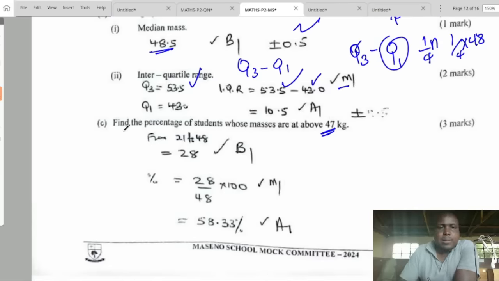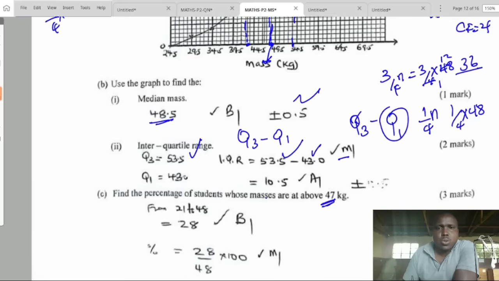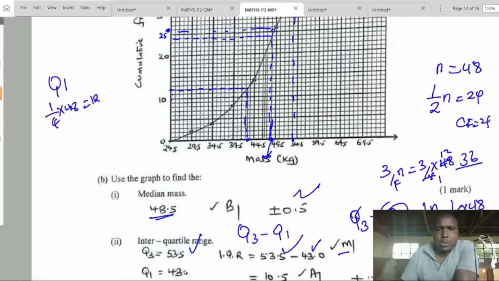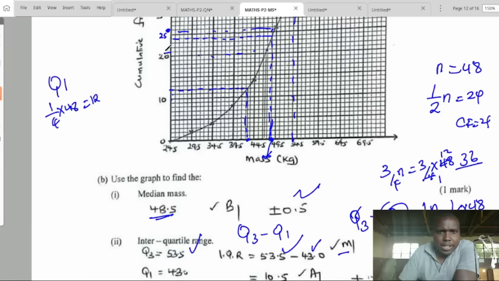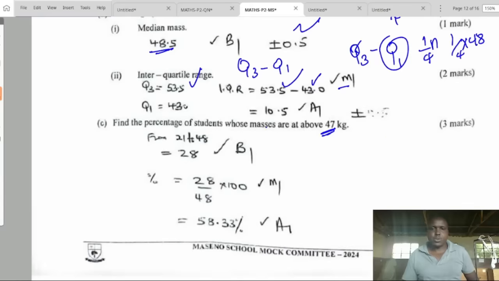So this one is part C, find the percentage of students whose masses are above 47, I will do the correction here. I have said what you do, you come to the graph, look at where we have 47. 47 is somewhere here. Draw a dotted line up to where you meet the curve. You meet the curve somewhere here. You go this way, you find that this one is 21. So at 47, CF is equal to 21.